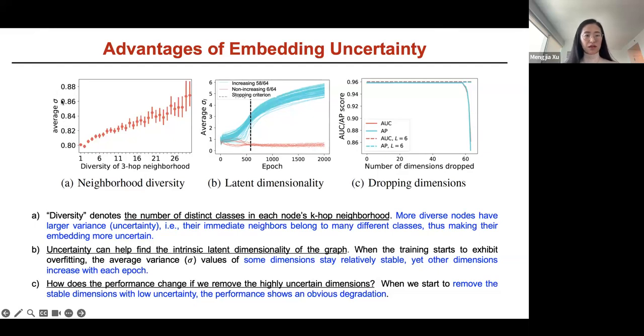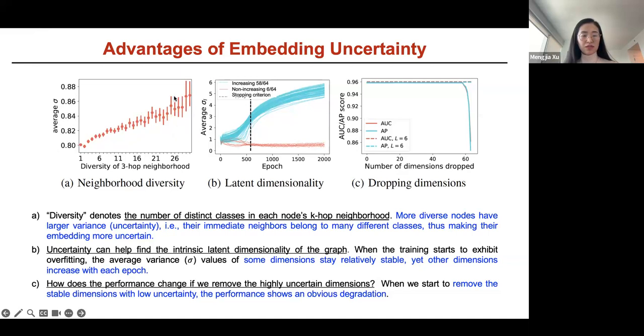The sigma is the standard deviation for each graph node. We can see that as the node diversity in the graph increases, the average sigma increases roughly linearly. So the uncertainty in the latent space can help us capture the neighborhood diversity of the graph nodes.